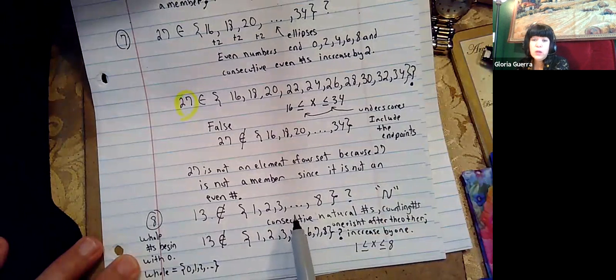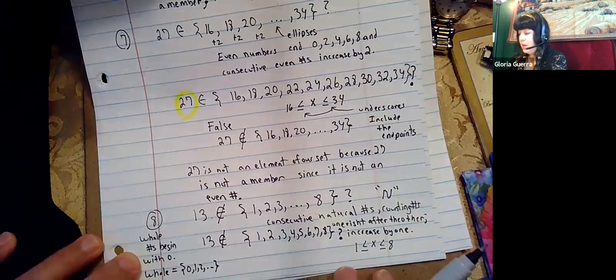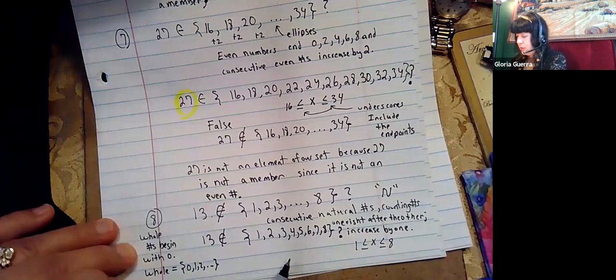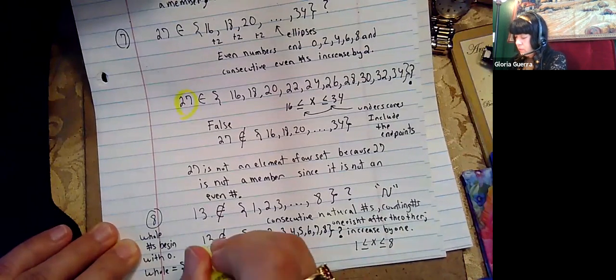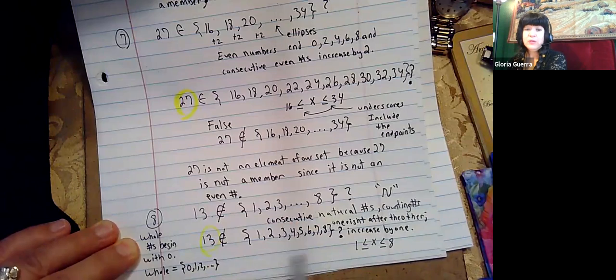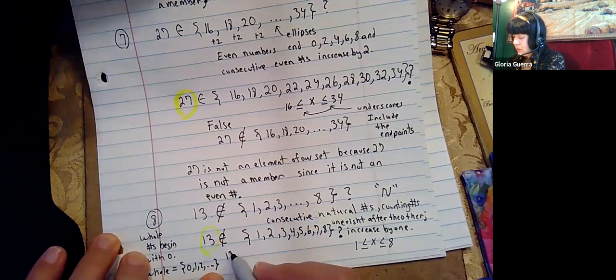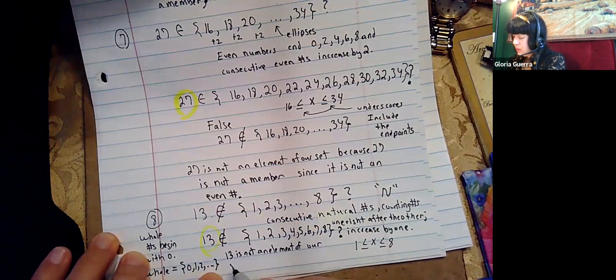You're communicating that you know what those ellipses mean in between there. And now we're going to say, okay, 13, and then you're going to look for it, and see how it's not in there. So this is saying that 13 is not an element of our set.